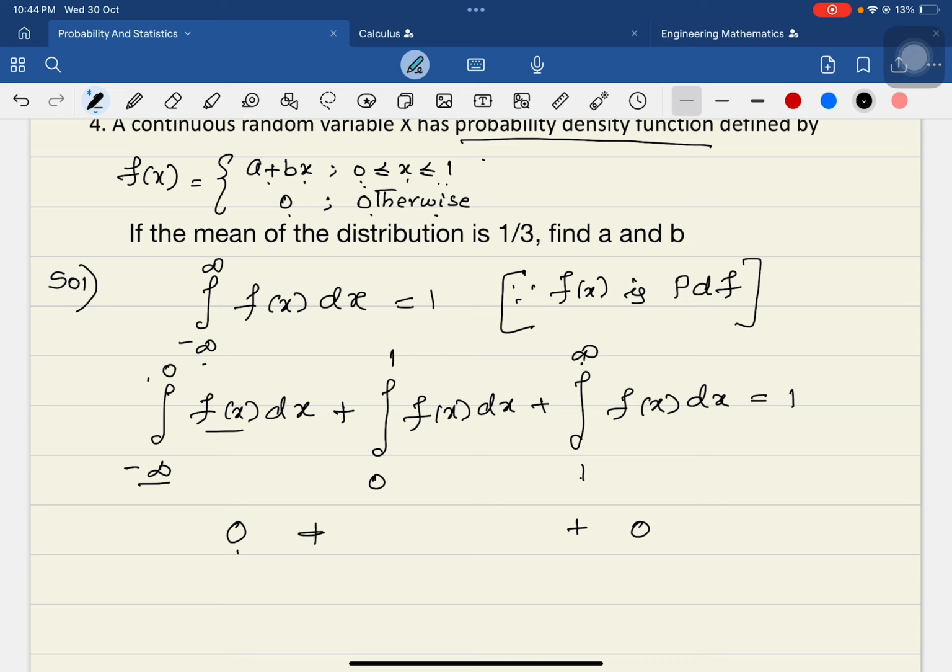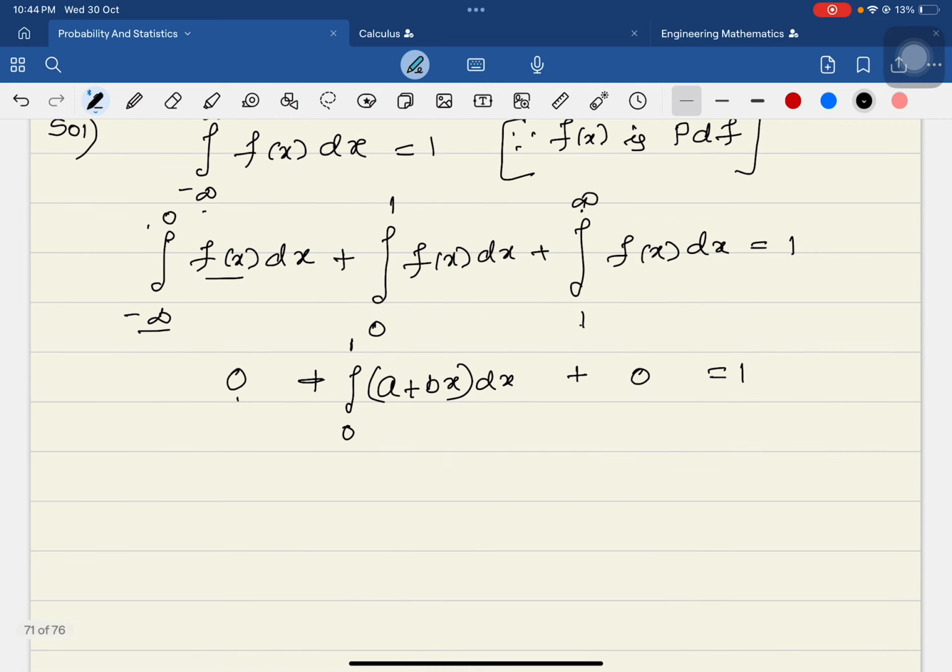Now we are left with only the integral from 0 to 1. What is your f of x? It is the integral of a plus bx dx equal to 1. Let us solve this. The integral of a dx is ax, and the integral of bx dx is bx square by 2.